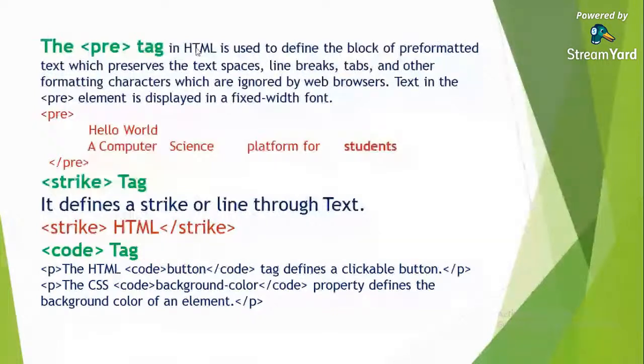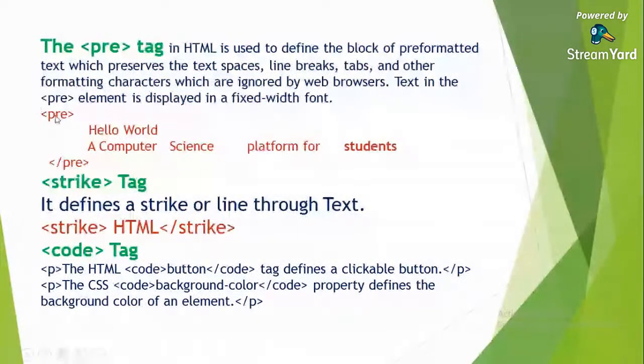For example, under this pre tag, we are writing here hello world with single space. Then we are writing computer science, more space is there, platform for, dash, quite more space, than students. All this format, especially this space area, will be preserved whenever we display it under the web page.